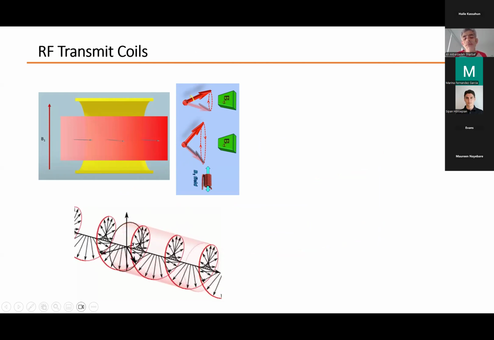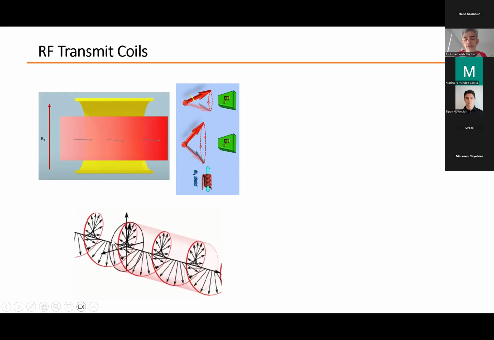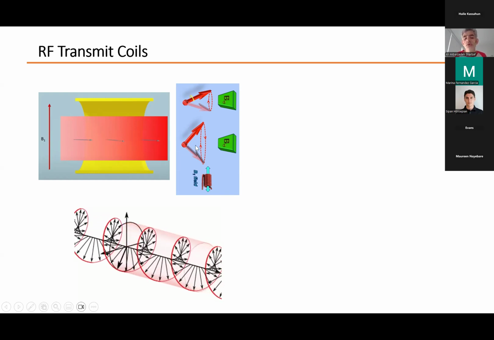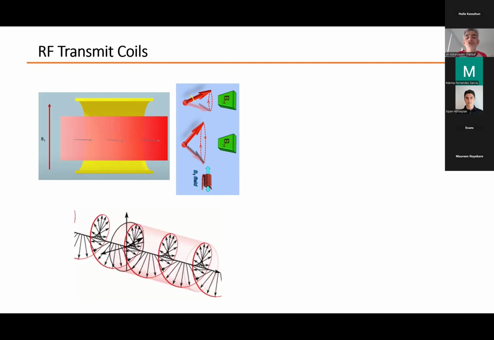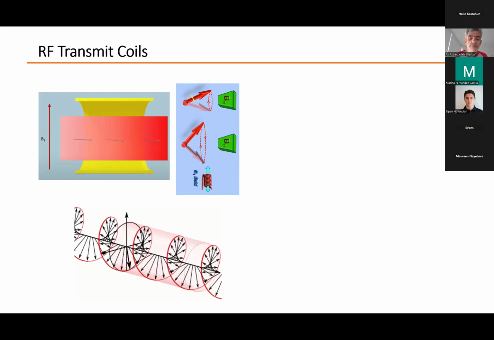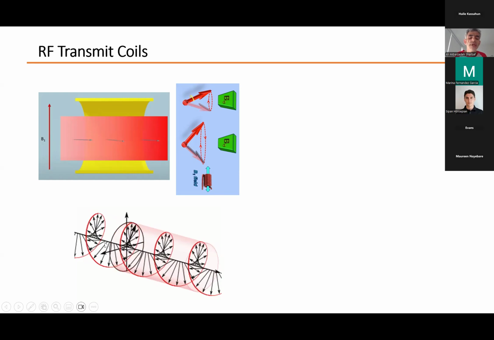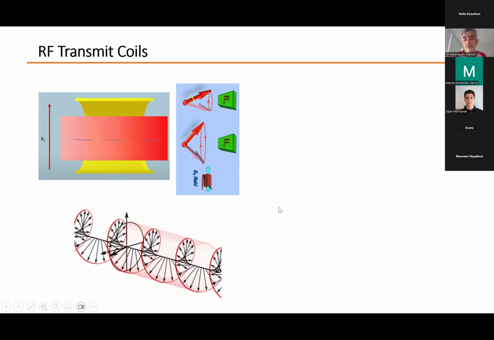So we have to apply a circularly polarized magnetic field as the B1 field so we can control and increase the flip angle and generate a field to pick up.